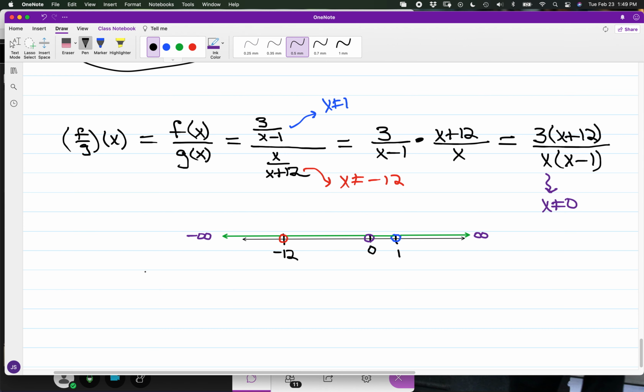So just taking what we have now, for the domain of the quotient function, you have those values less than negative 12, and then those values of x between negative 12 and 0.